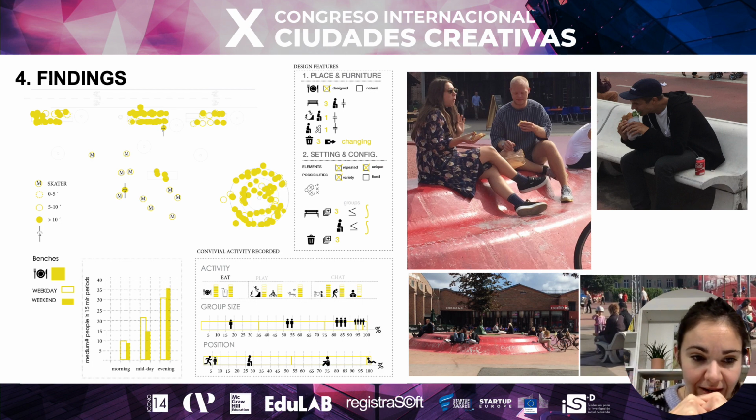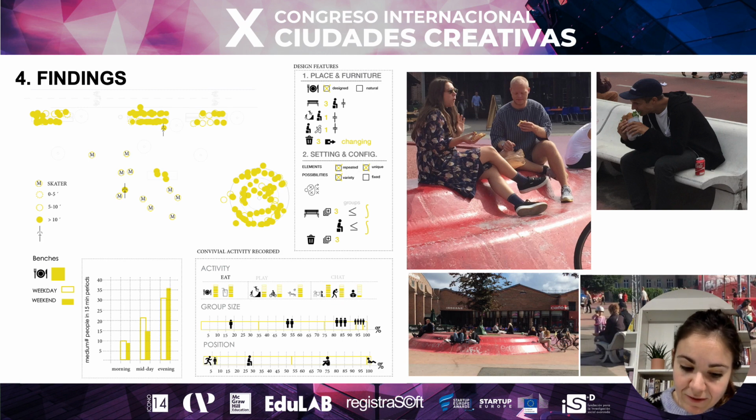Then you also see a graph addressing the amount of people that were in the area at different times of the day and different days of the week. And then, of course, the different types of activity and other convivial behavior settings I was looking at.